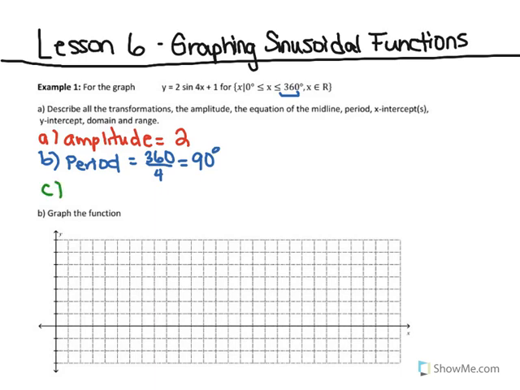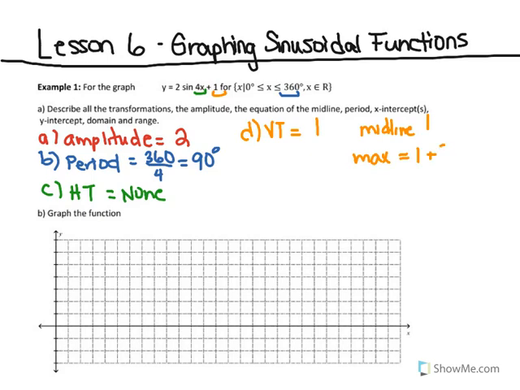Our C value is our horizontal translation, and because there's nothing in brackets, there is no horizontal translation. And our D value is our vertical translation, which is 1. So we know our midline is 1. Our max point therefore would be 1 plus the amplitude, which is 2, so it's a 3.